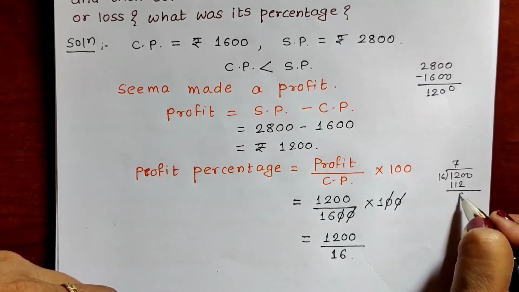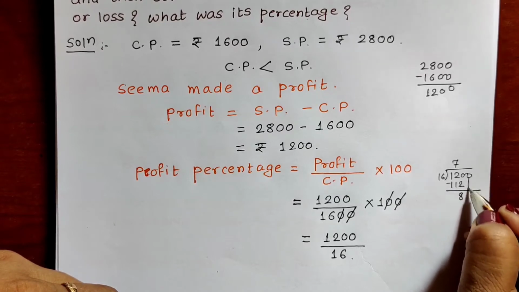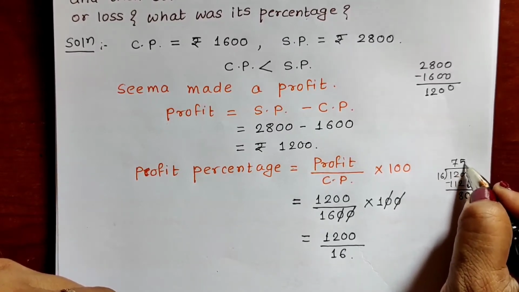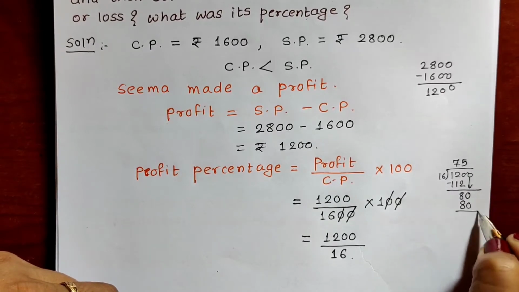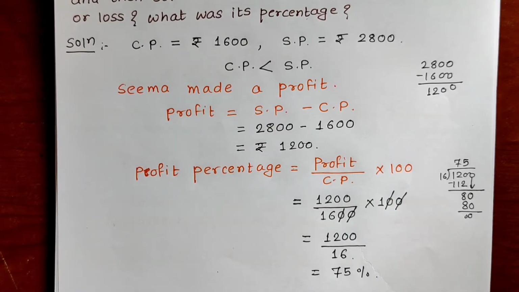What will be there? 8. Then 0, 0. And this 0 we have to bring down. It becomes 80. 16 fives are 80. So we get answer 75%. So what is profit percent? Profit percentage is 75%.